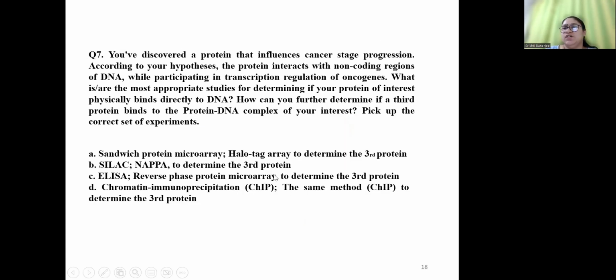Okay. I guess this is the last question from proteomics, and then we will shift to bioinformatics. Let's see. Just read the question once and then we can discuss.